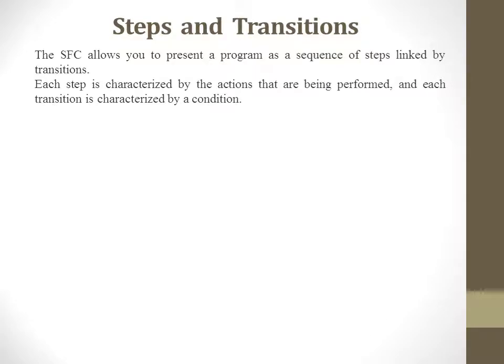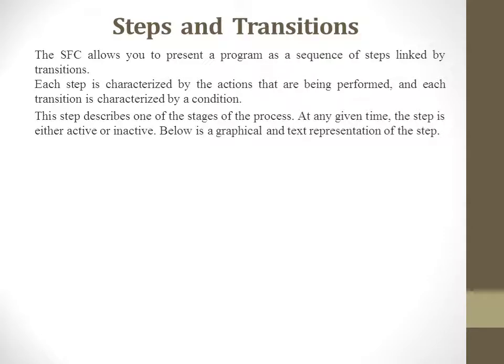The SFC allows you to present a program as a sequence of steps linked by transitions. Each step is characterized by the actions that are being performed, and each transition is characterized by conditions. This step describes one of the stages of the process. At any given time, the step is either active or inactive.